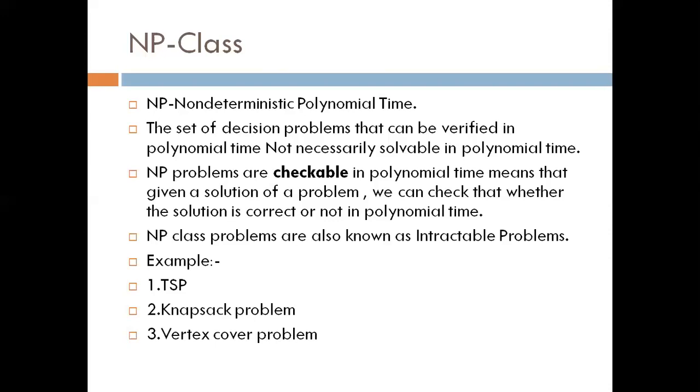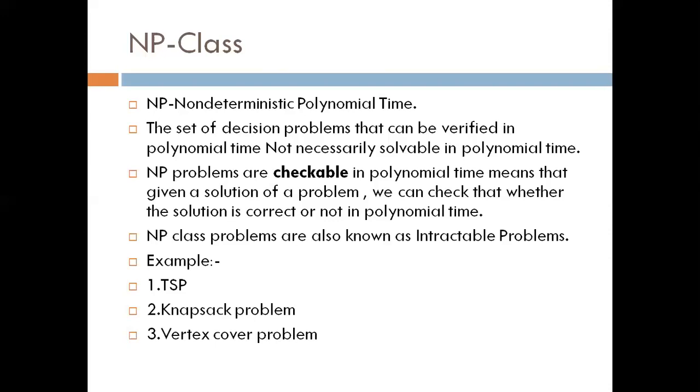So again I'll give the definition of P and NP class problems. P class problems are the problems which can be solved in polynomial time by a deterministic Turing machine. But NP class problems are the problems which can be solved by a non-deterministic Turing machine, but which can be verified by a deterministic Turing machine in polynomial time.